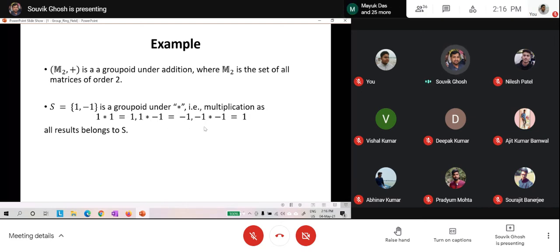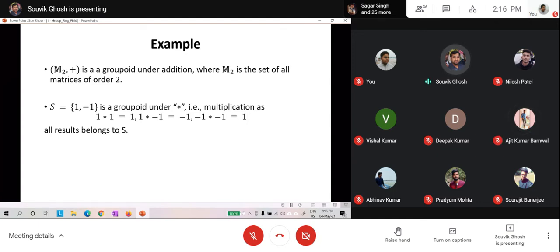You get -1. If you operate star on -1 and -1, what do you get? You get 1. So you can see the results, that is 1, -1, and 1, also belong to this set S. So this set S along with standard multiplication is a groupoid, right? Is it clear? Yes, sir.